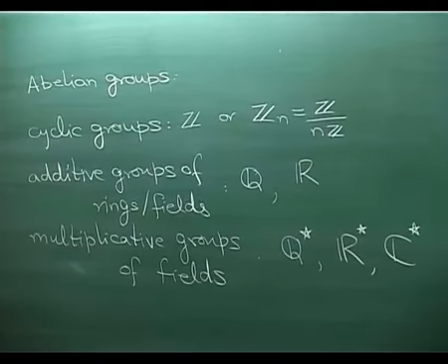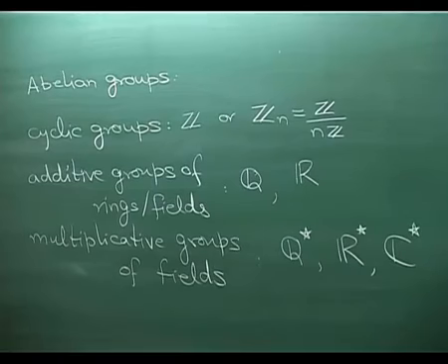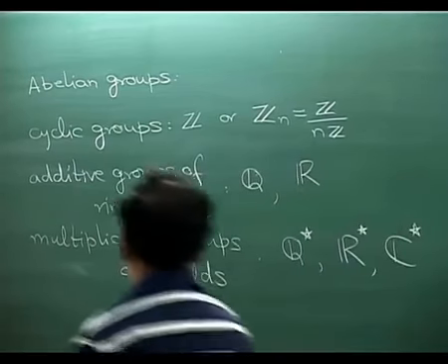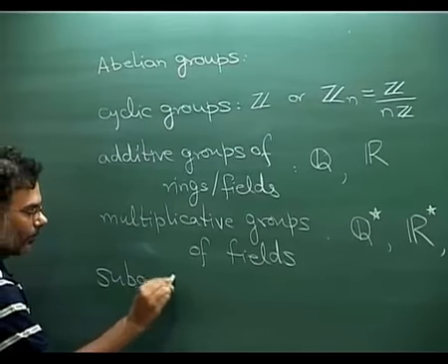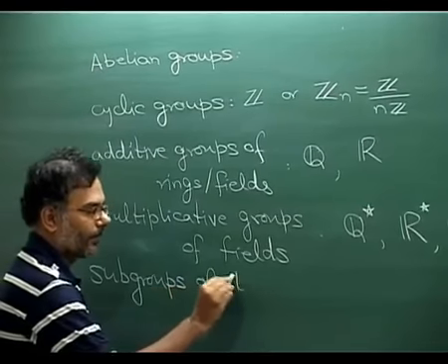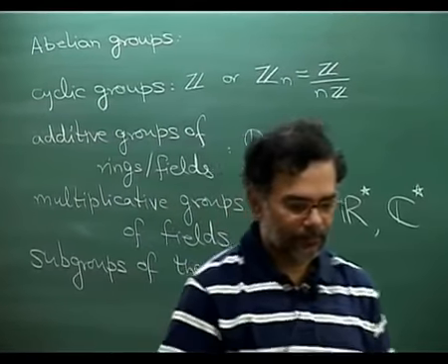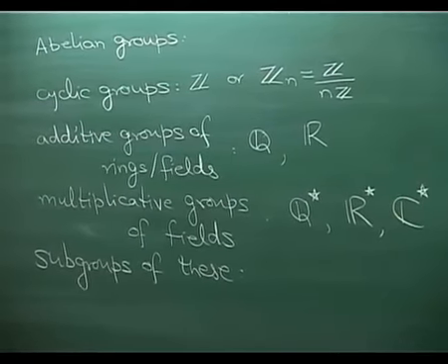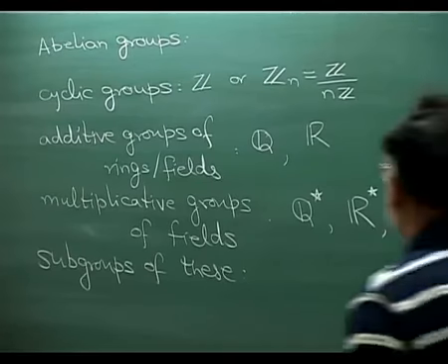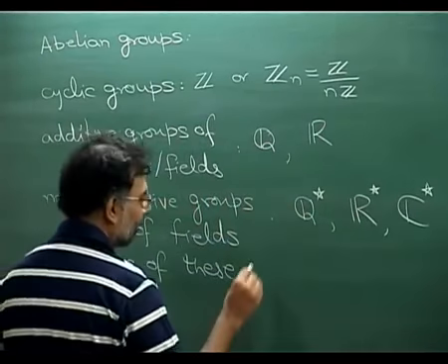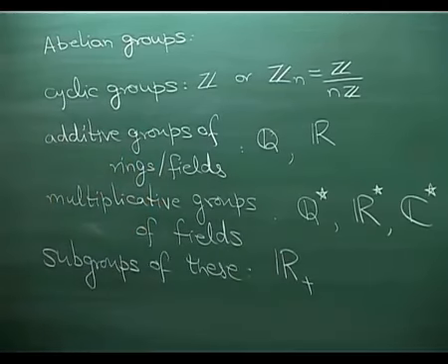And then you can consider subgroups of these. For example, in the non-zero real numbers under multiplication, you could restrict attention to the positive real numbers. That's closed under inversion and multiplication, so it forms a group, R plus.